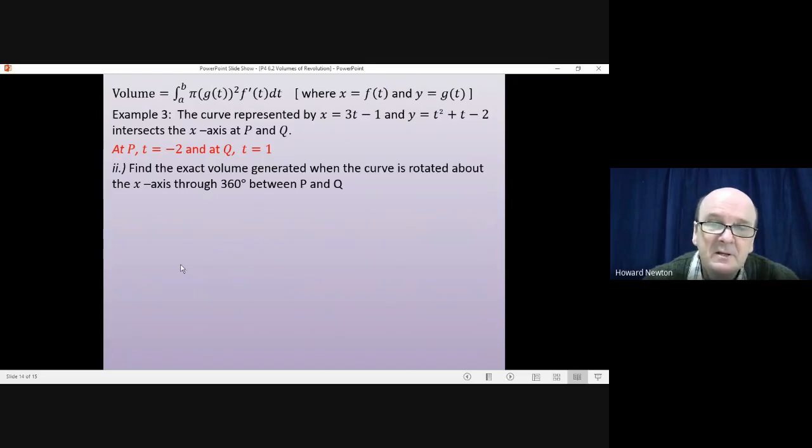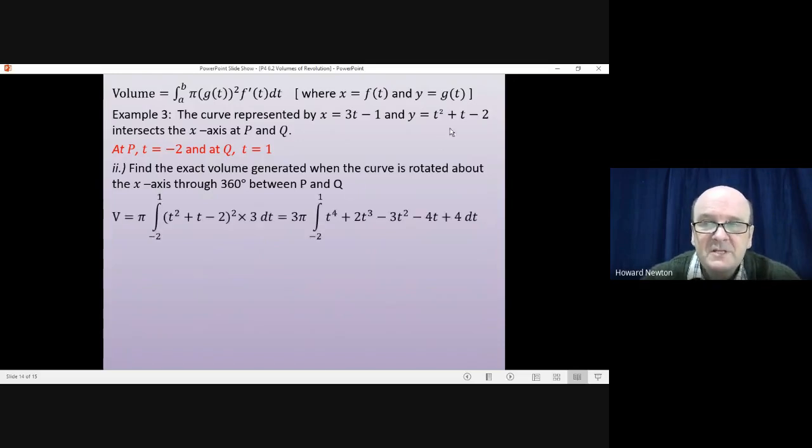Okay, let's have a look. So g of t is t squared plus t minus 2. That we have to square. Then we've got to times by the differential of f of t. Well, differentiating 3t minus 1 just gives us 3, so we're timesing by 3. And then the 3 and the pi have both been taken outside the integration.